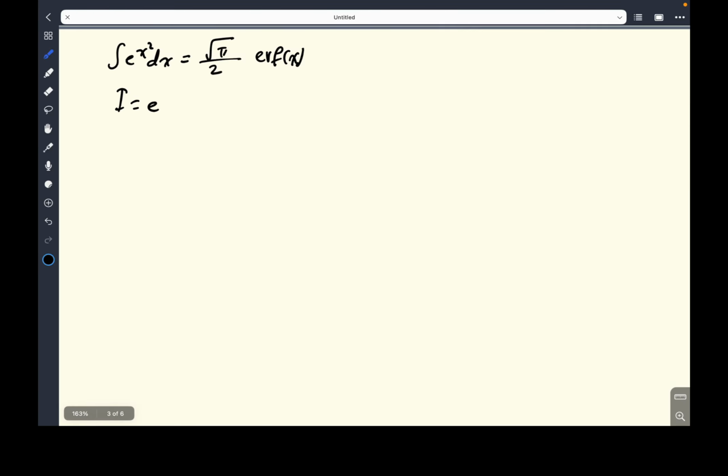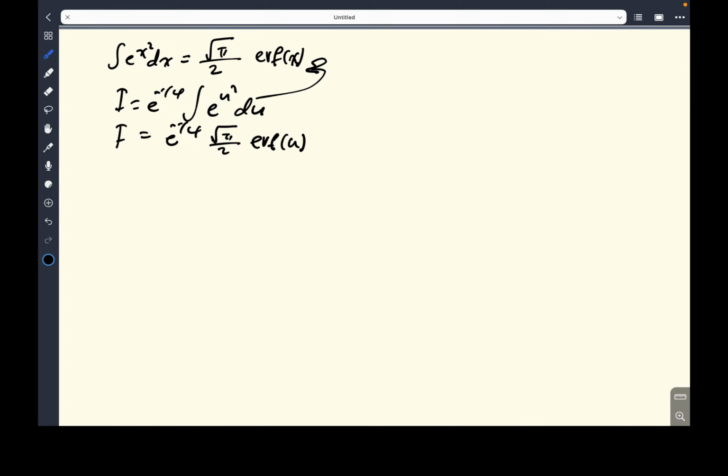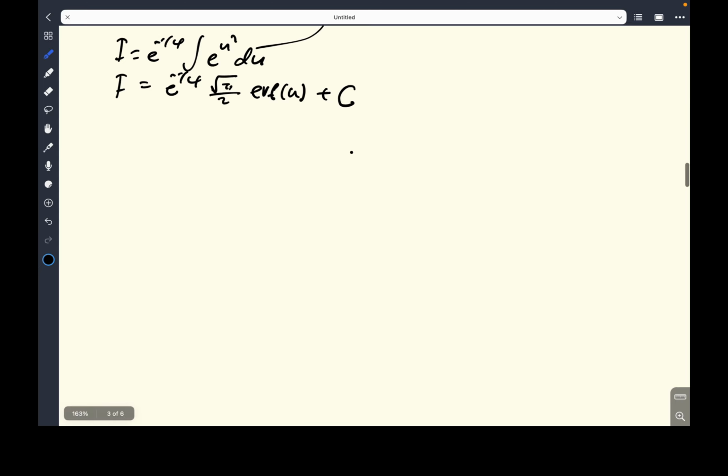I is e to the negative 1/4 times the integral of e to the u squared du. I can substitute it in terms of the error function as e to the negative 1/4 times root pi over 2 erf of u plus c, some constant of integration, and recall u to be t plus half.